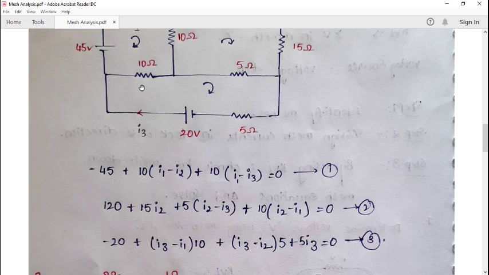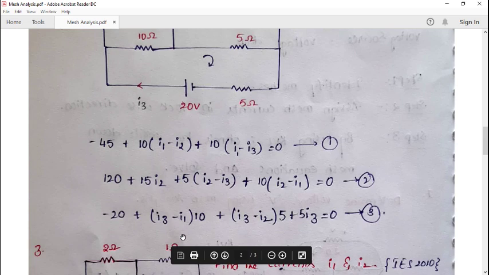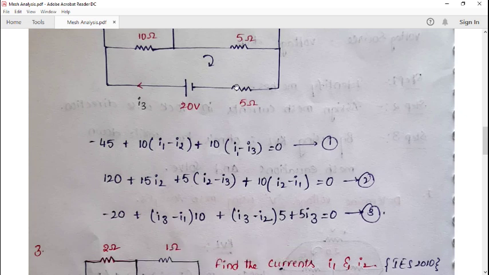Both are in opposite direction. I3 minus I1 into 10. Similarly, in this branch, I3 minus I2 into 5, and the final element, 5 ohm resistor, is there. Current through this 5 ohm resistor is I3. 5 I3 is equal to 0.